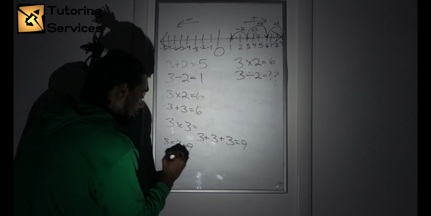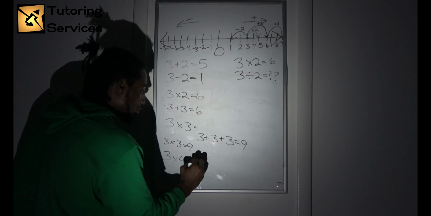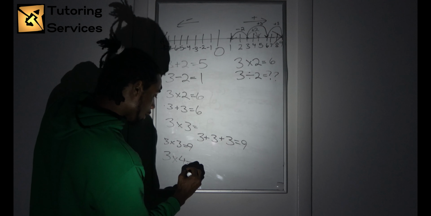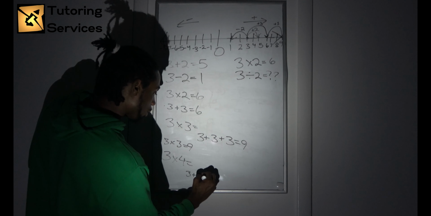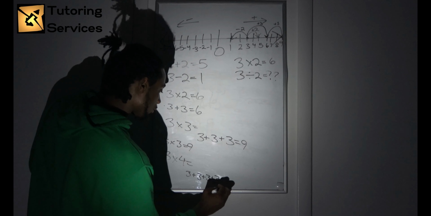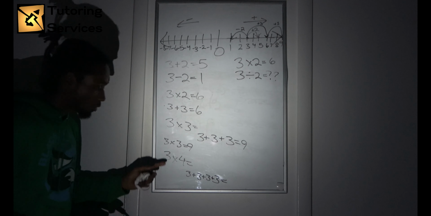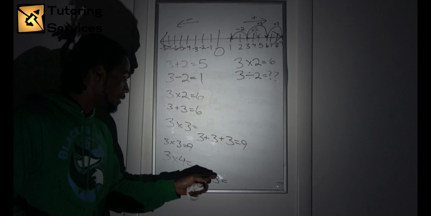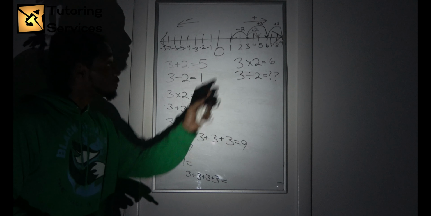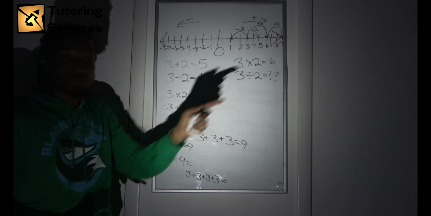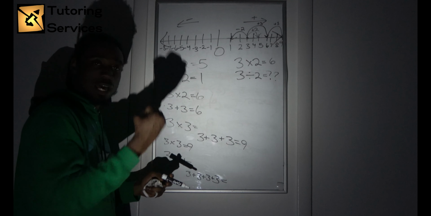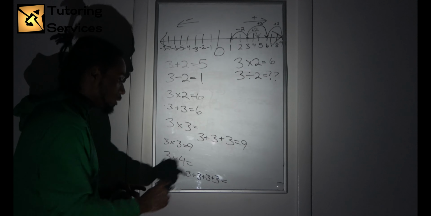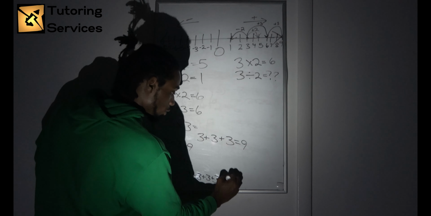3 times 4 is 3 plus 3 plus 3 plus 3. We're taking 3 and adding it to itself 4 times. We get 9, and if you add another 3, you count up to 12: 9, 10, 11, 12.